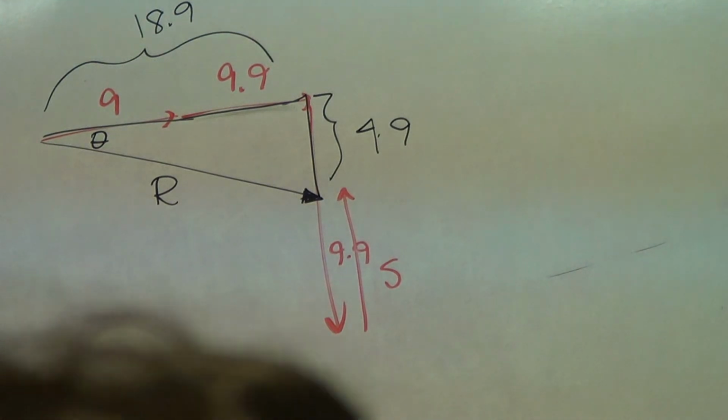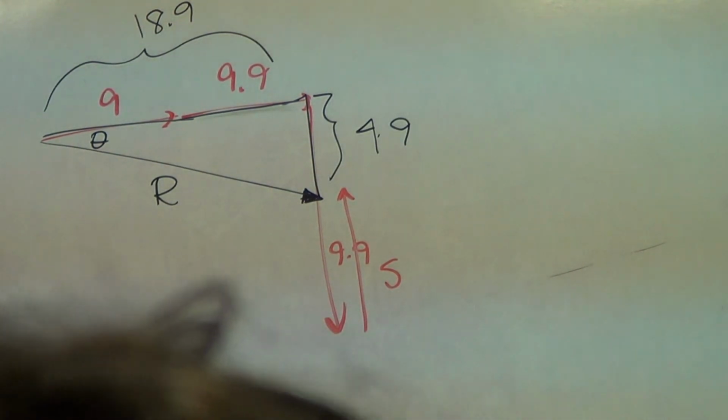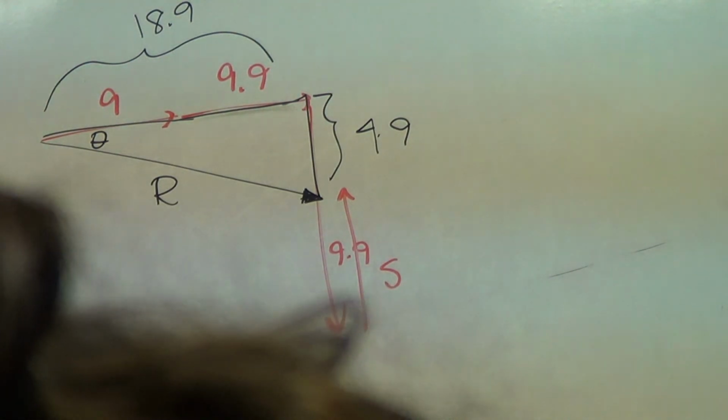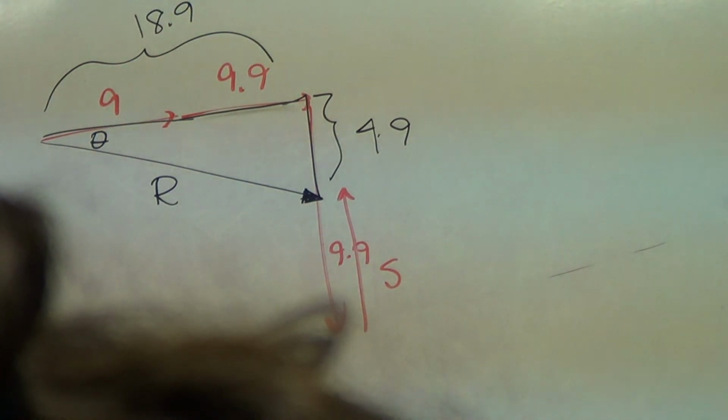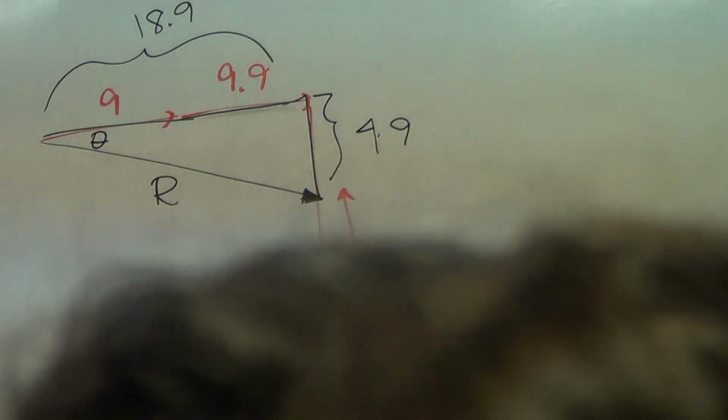Did you add it to 270? You should still get the same answer. 284.5? 345. I got 345. Oh, that was weird.